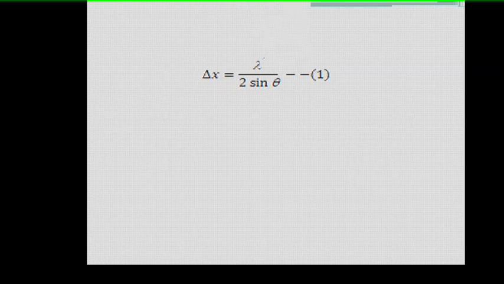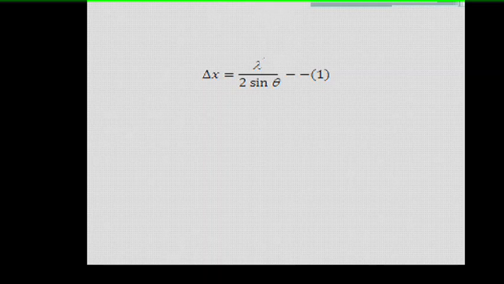That is the resolving power. So, in this case, we have del x is equal to lambda by 2 sine theta. This is the expression for uncertainty in the position.